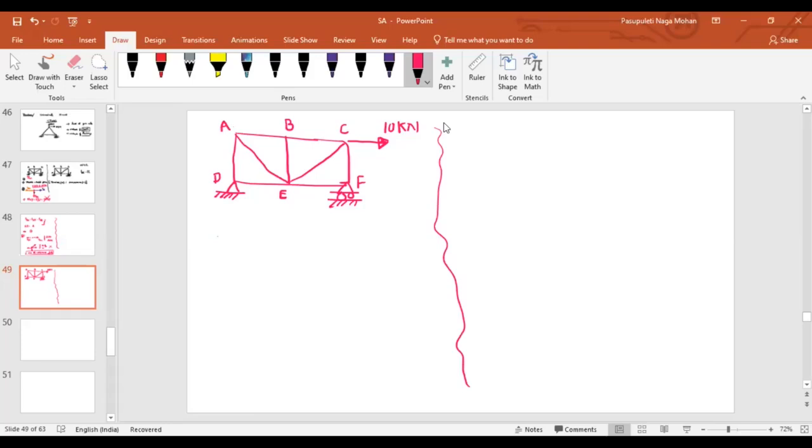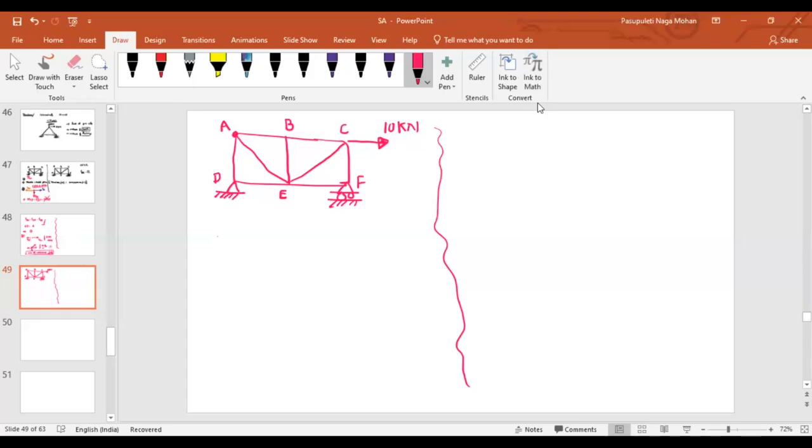If you start the equilibrium at joint A, how many members are connected? 3 members are connected. So forces in those 3 members are unknown. Can we find forces in any? Because how many equilibrium equations do we have at a joint? 2. That's why we cannot start from joint A.